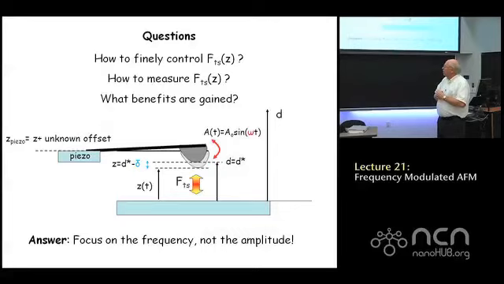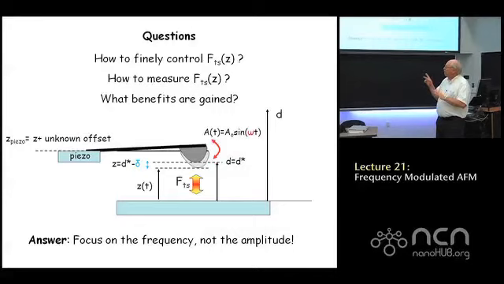Up until now, the cantilever was oscillated by some amplitude A0. That's the free amplitude when the tip is far from the substrate. As the tip approaches the substrate, that amplitude A0 was modified, and you use that modification to map out surface topography of a substrate.